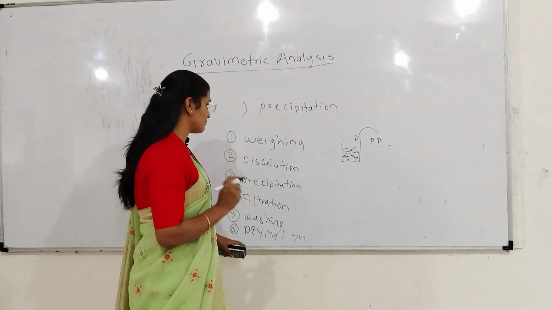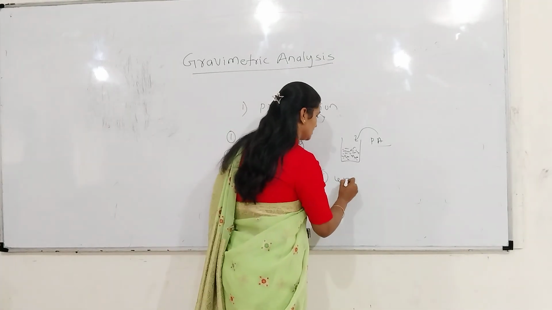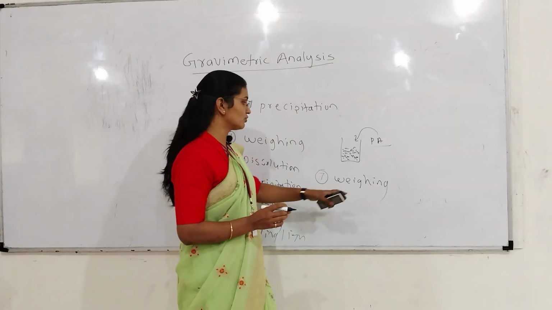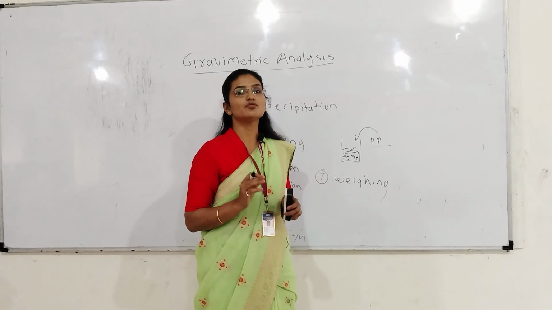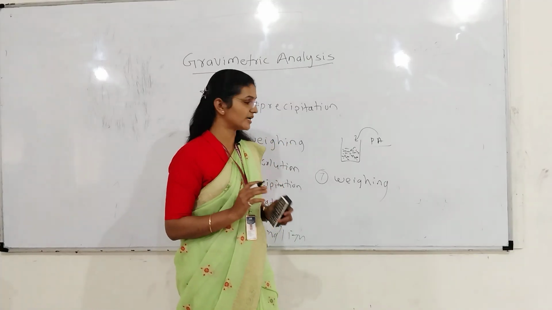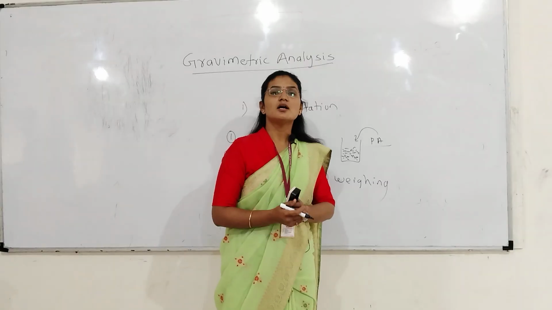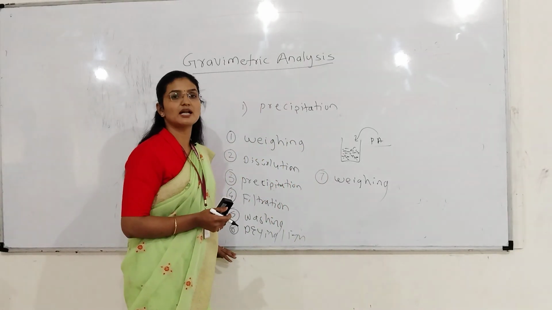This is the sixth step, and the last step in your gravimetric analysis is the weighing again. You have to weigh the dried precipitate in grams or milligrams, then you will get the result of your gravimetric analysis. So these are the steps for the gravimetric analysis.